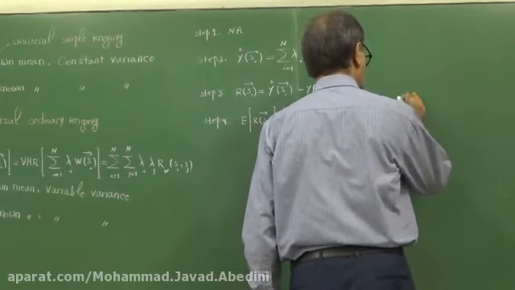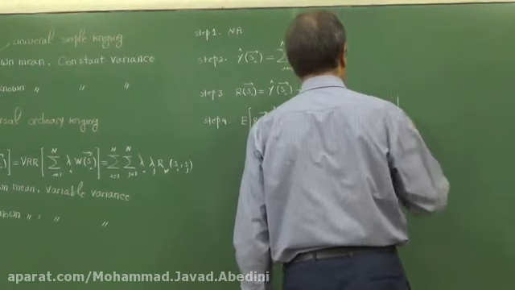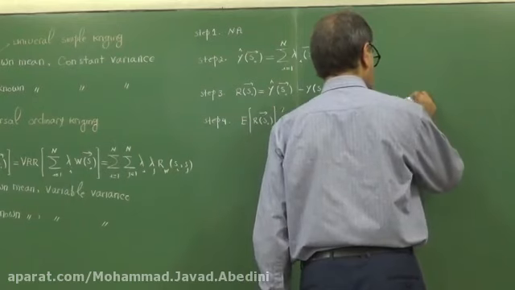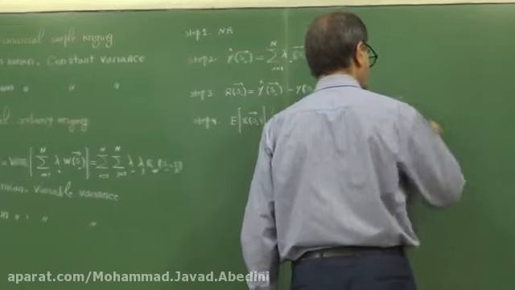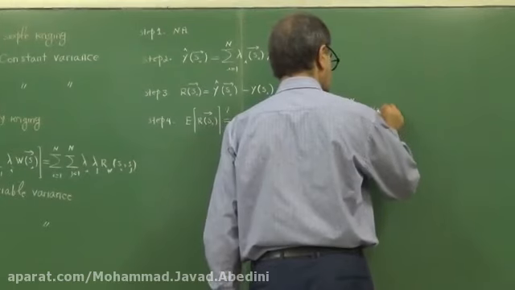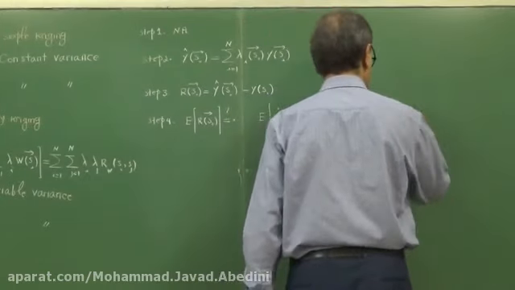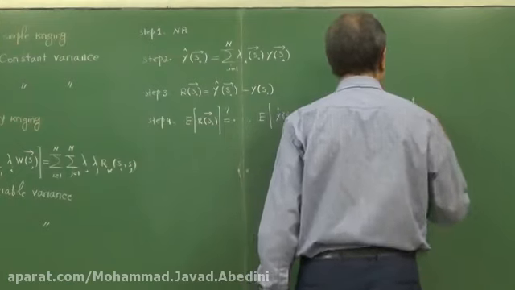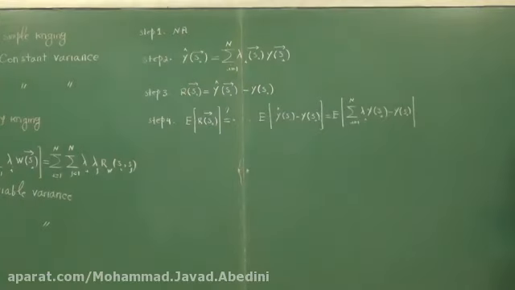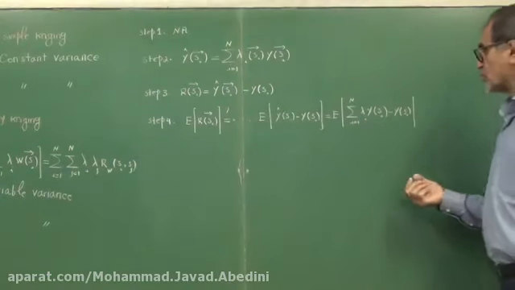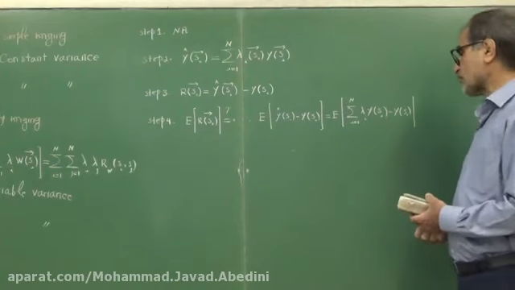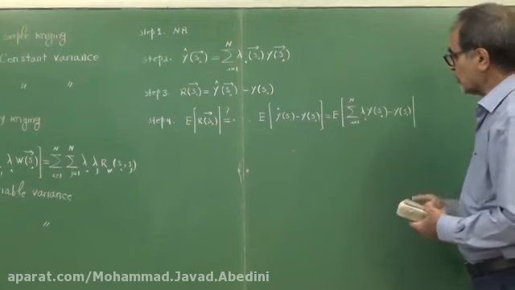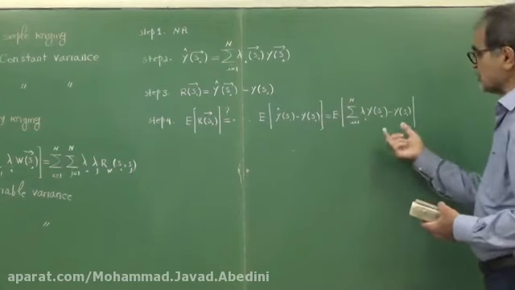Expected value of summation i from 1 to n lambda i y at S i minus y at S0. You are not allowed to do something very different from what I'm going to say.